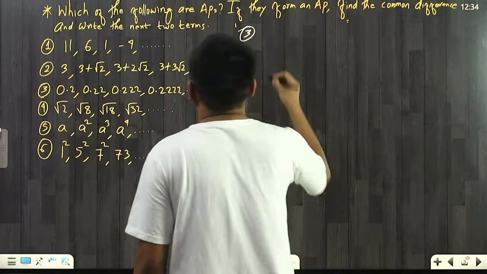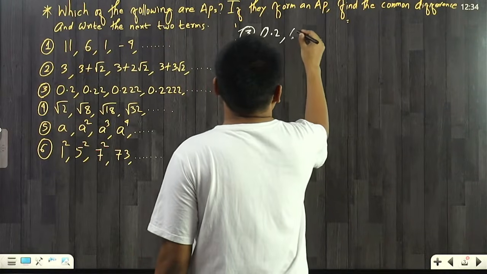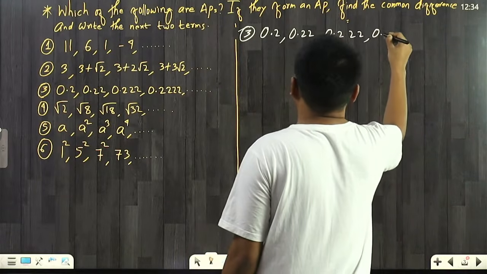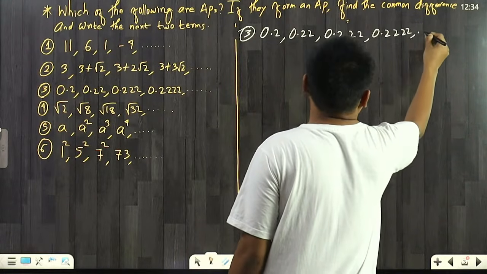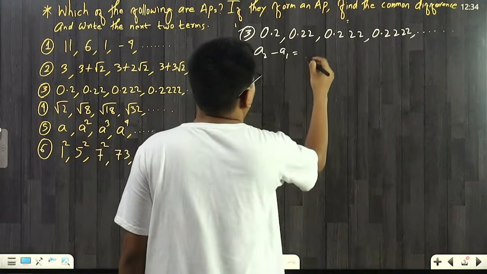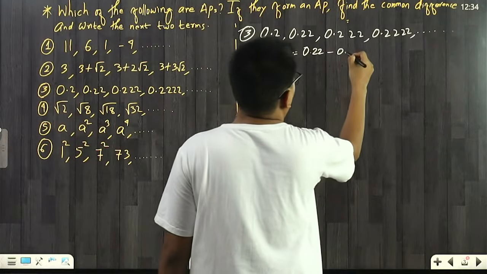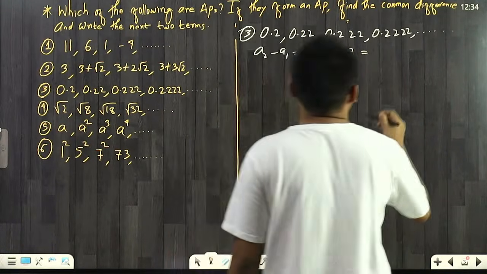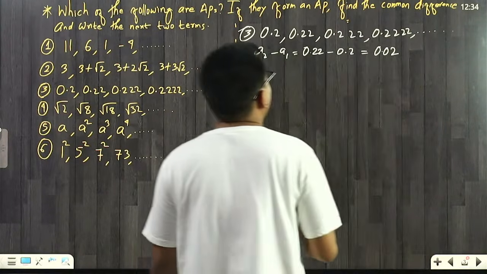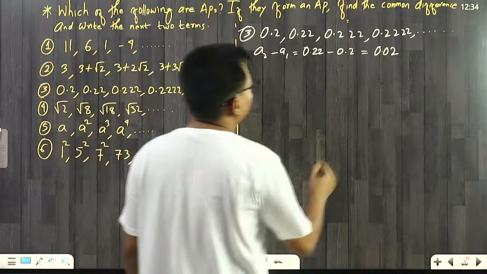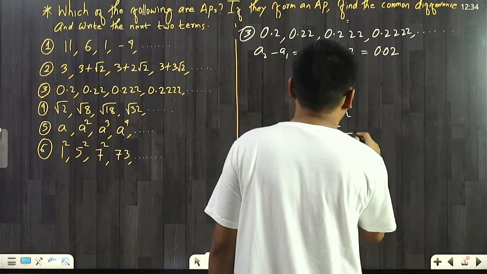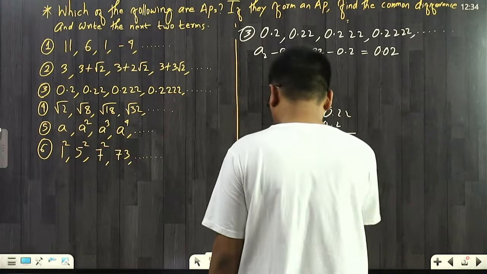Third one. 0.2, 0.22, 0.222, 0.2222. Now we have to check whether this is an AP. Again, we check A2 minus A1, which is 0.22 minus 0.2, which will be 0.02.